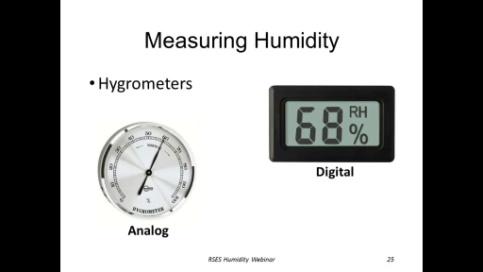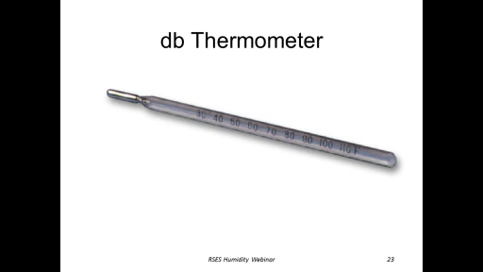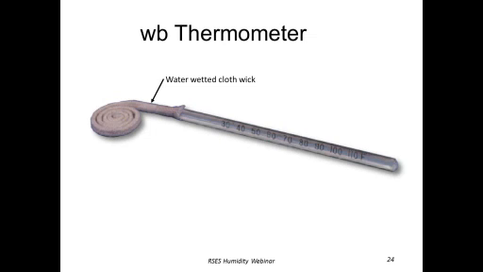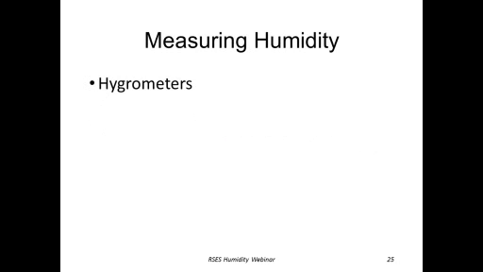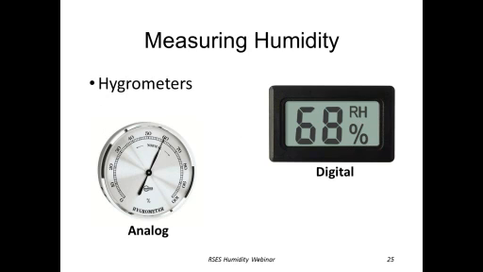So they're much easier to use and much more foolproof, except they have a tendency to lose calibration, where when you're dealing with wet and dry bulb thermometers, there's no calibration requirements. They're accurate until they either get broken or they get overheated, where you may actually lose some of the liquid that's inside.